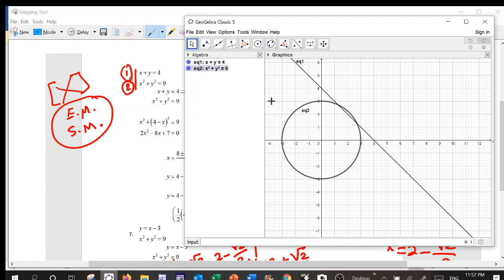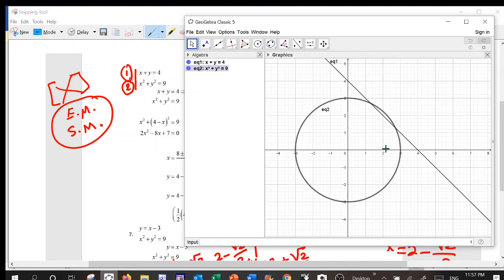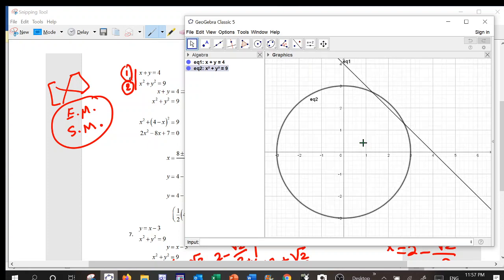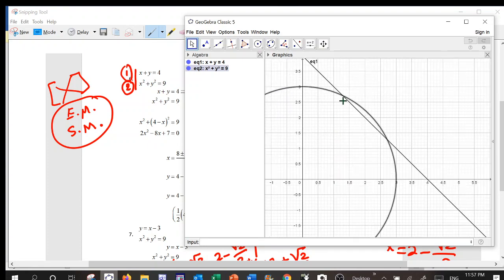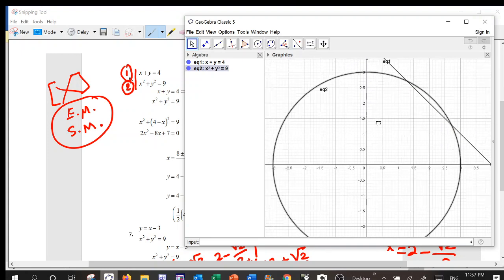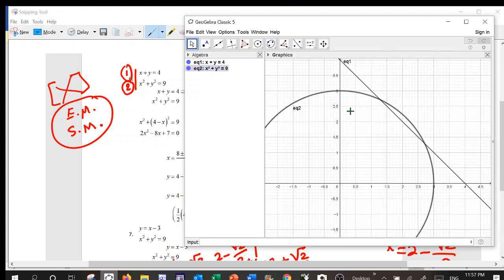And then what we have here, as you see, let me make it a little bit bigger. So we are interested in these two points. That's the intersection of this circle and that line. So if you find the intersections, let me do that.